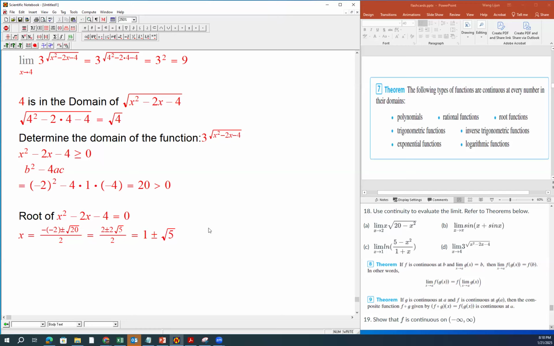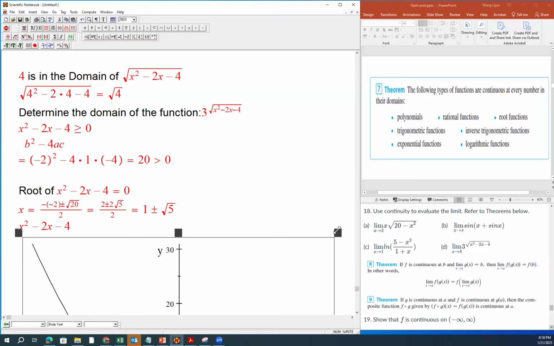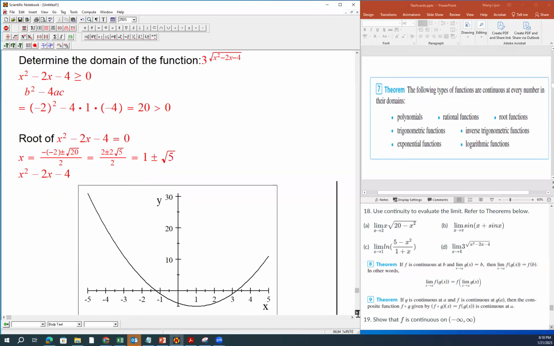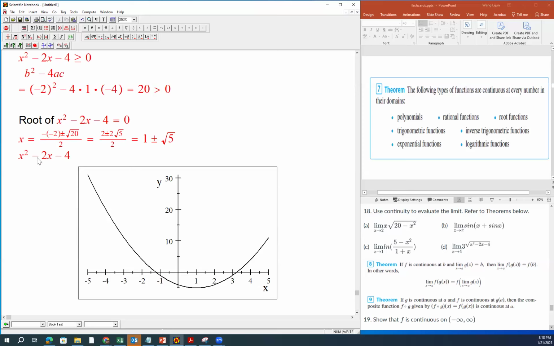Okay, so why do I need this number? I will show you. I'm going to take this opportunity to review quadratic functions a little bit for you. This graph corresponds to a quadratic function, and these two dots are 1 minus root 5 and 1 plus root 5.